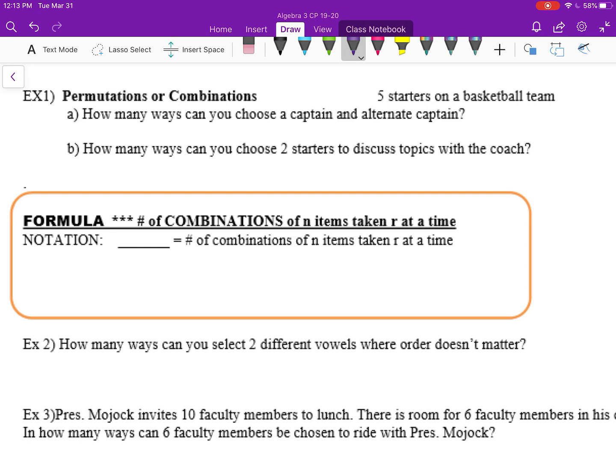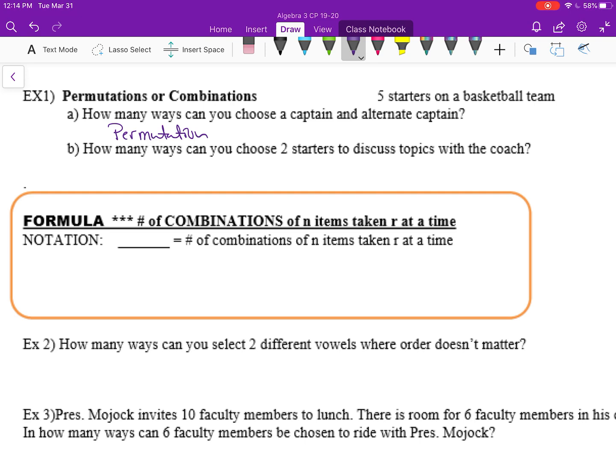If you switch them, then the second person is now captain and the first person is now alternate captain. So the order in which people are chosen matters. Anytime you get to a problem where the order matters, that's going to be a permutation. Like I said, if you switch the order, now somebody else is captain and not alternate captain, so it creates a different situation.